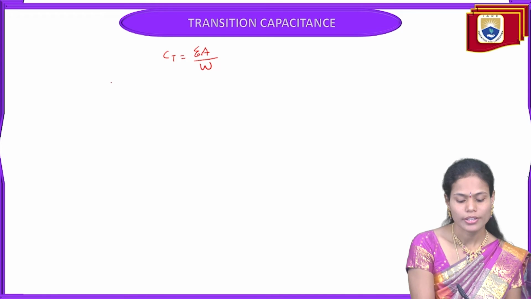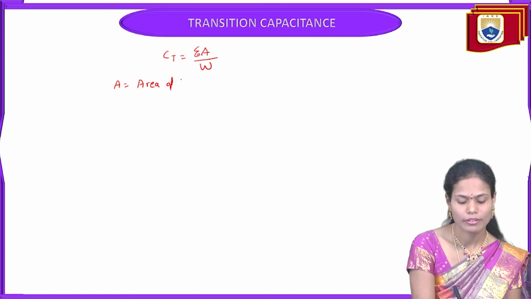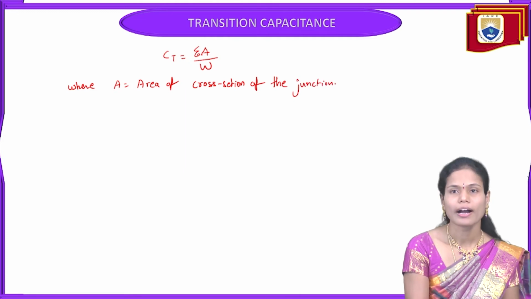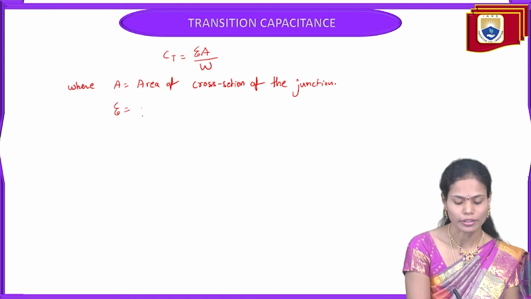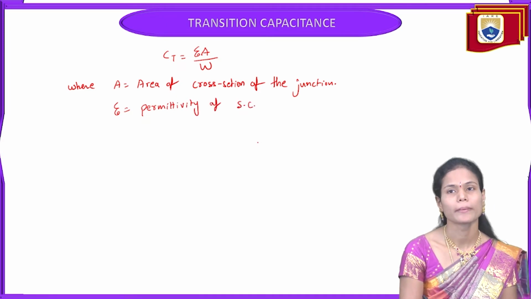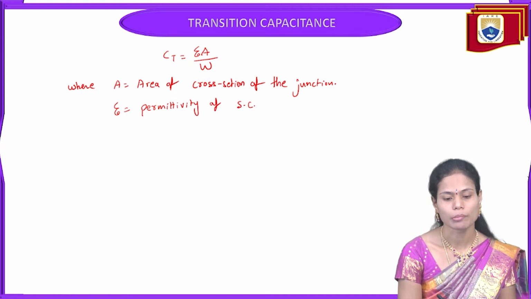Here A is the area of cross section of the junction, and epsilon is the permittivity of the semiconductor material.